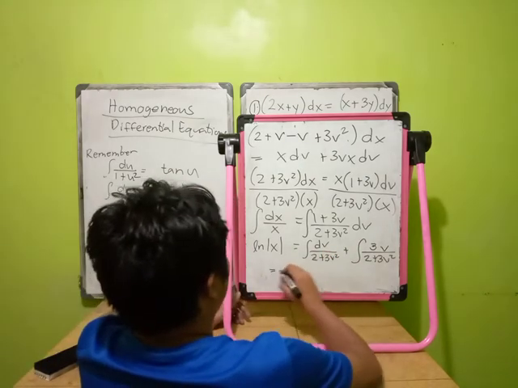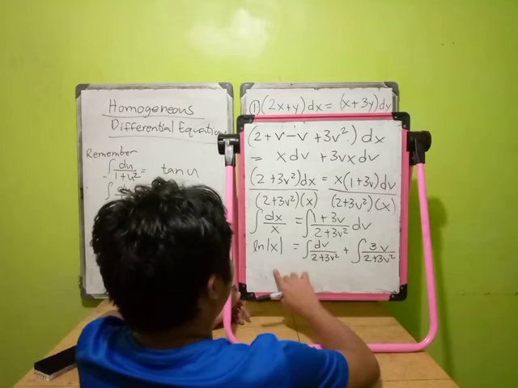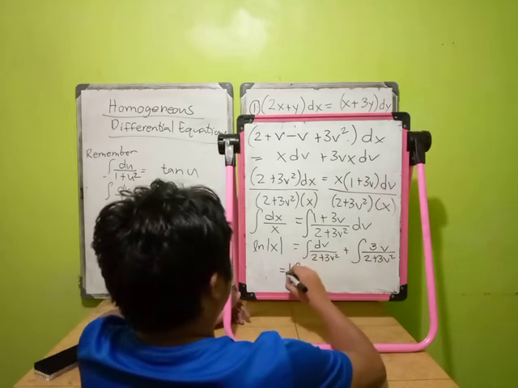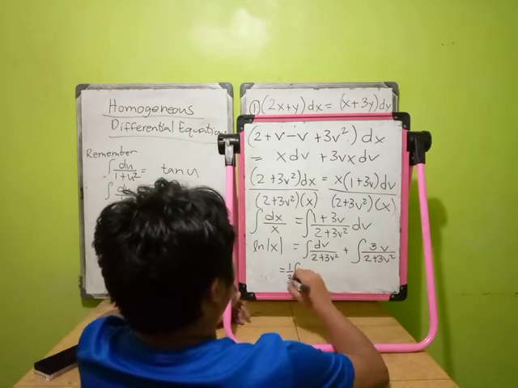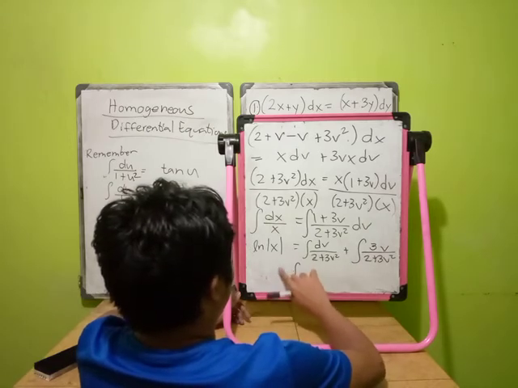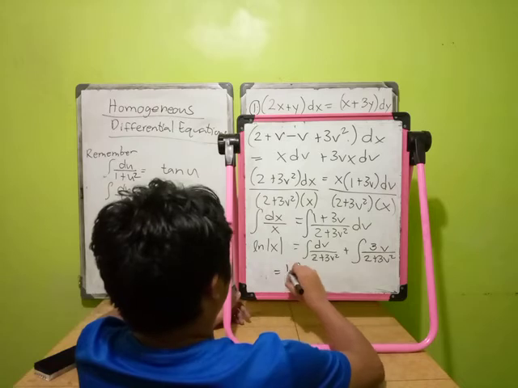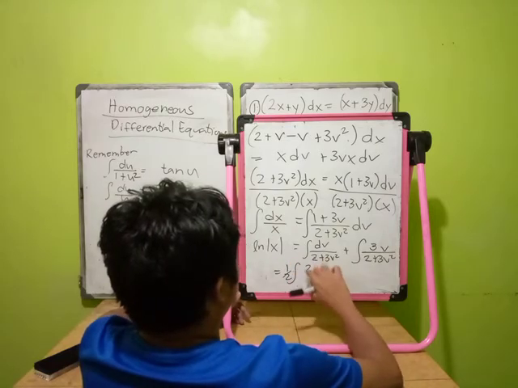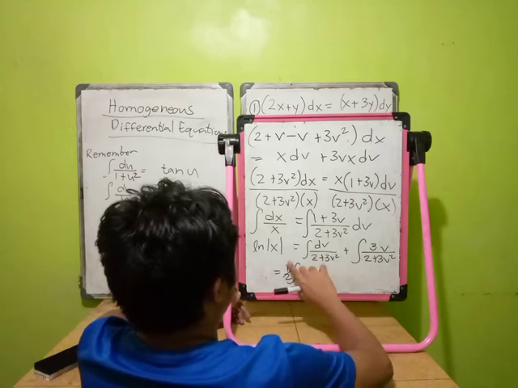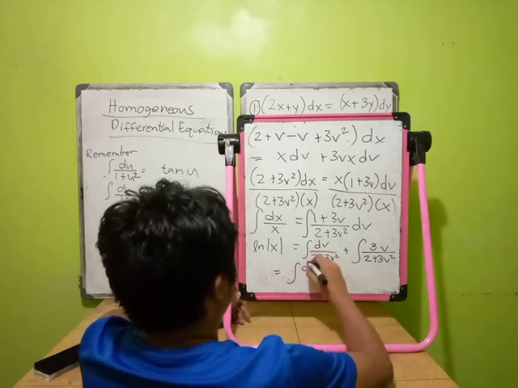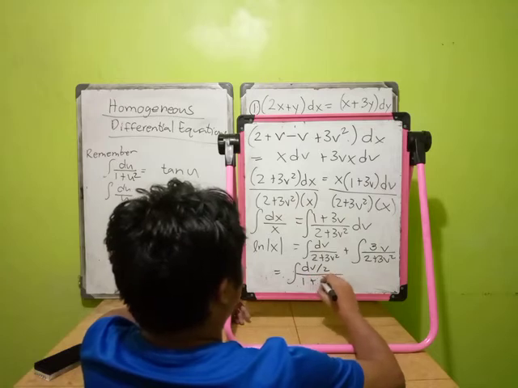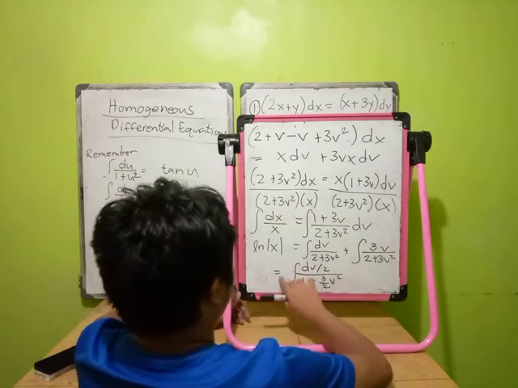Labas natin yung 1/2, equivalent to 1/2 over 2 dv, magiging dv over 2 over 1 plus 3 over 2 v squared.